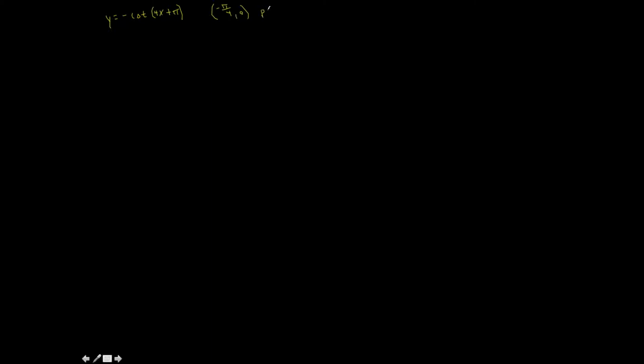We know the period is pi over 4. We know the increment is pi over 16. And we know the phase shift is negative pi over 4. Okay, so now we can graph. So go ahead, draw your graph.